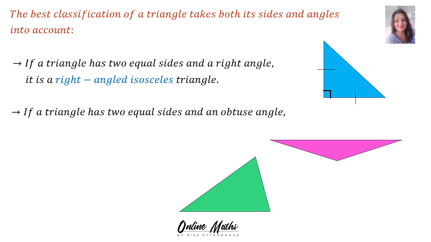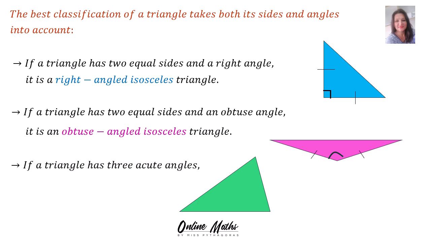If a triangle has two equal sides and an obtuse angle, it is an obtuse angled isosceles triangle. And then if a triangle has 3 acute angles, it is an acute angled triangle.